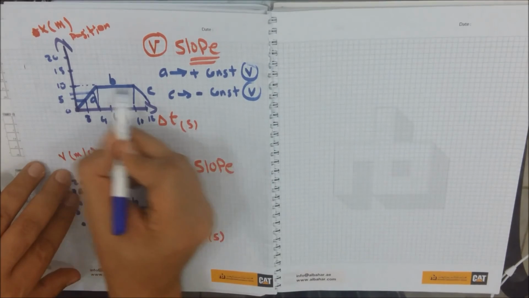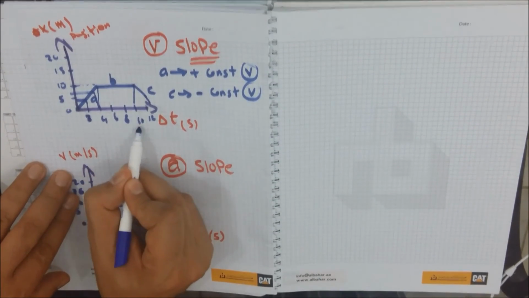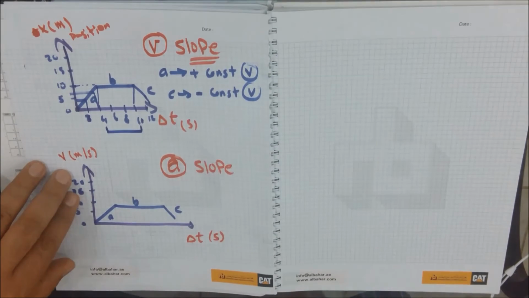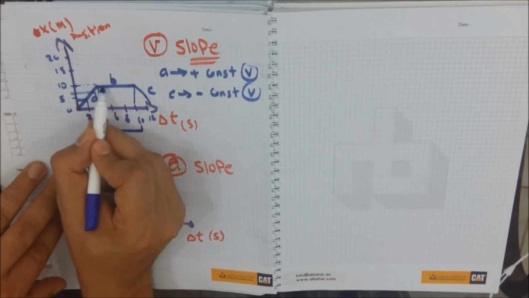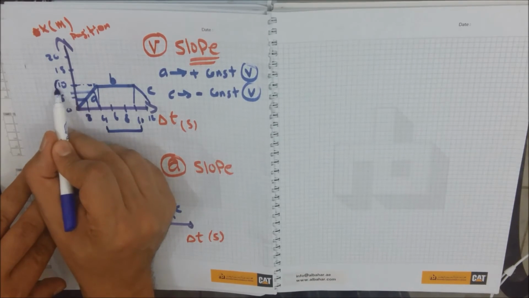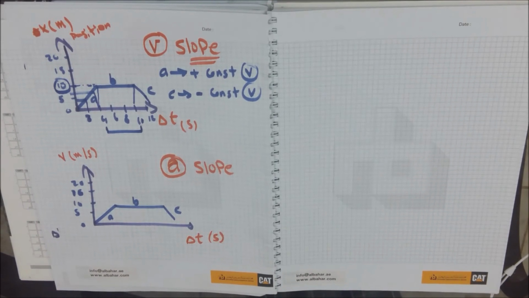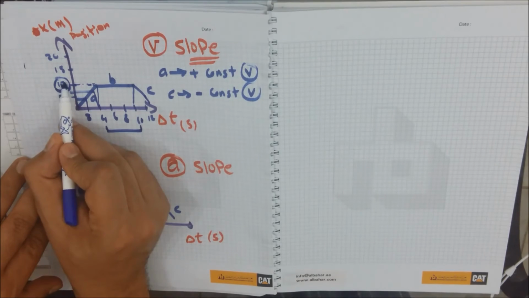What about the B part? The B part, the time is passing from 4 to 10. What happens here to the car from 4 seconds to 10? What does it mean that the time is passing but it is on 10 meters? What does this mean? Wonderful. This means that displacement didn't change.